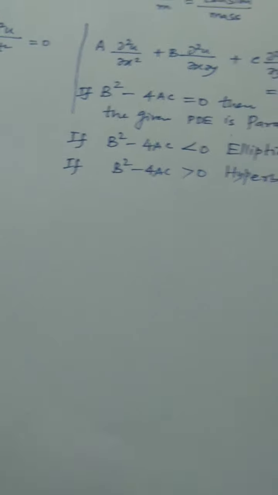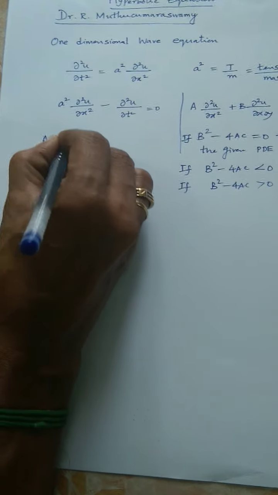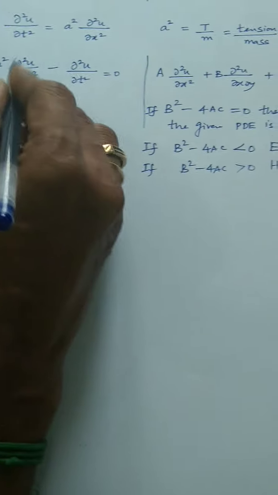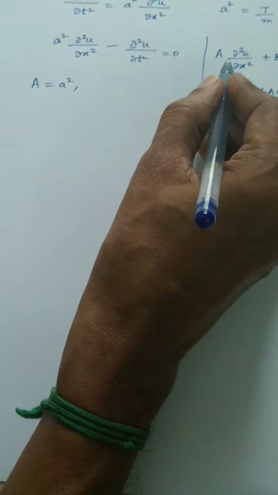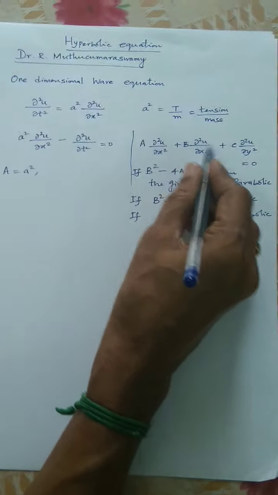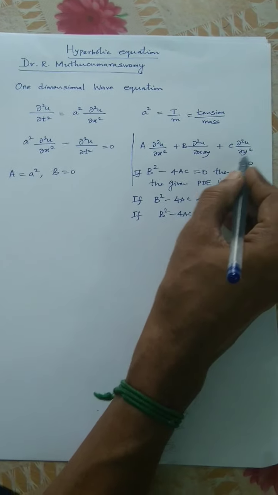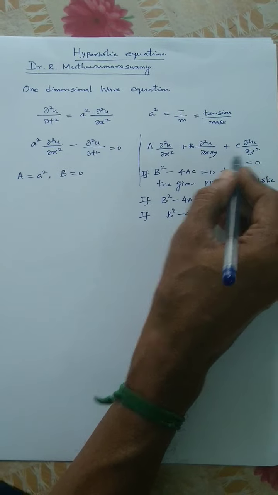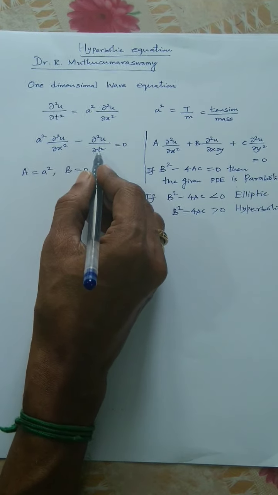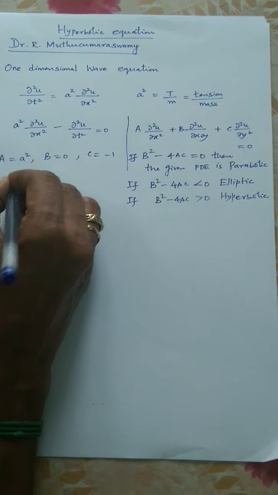Now we are going to analyze the hyperbolic model. Comparing these two, the coefficient of ∂²u/∂x² is a², so A is a², and the mixed partial derivative is missing, so B is 0. For ∂²u/∂y², instead of y there is a dummy variable t for the wave equation model, so C is −1.